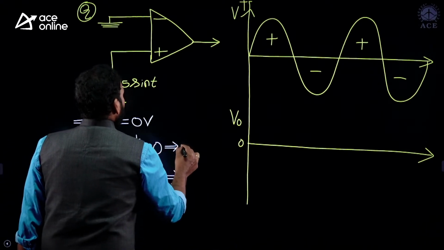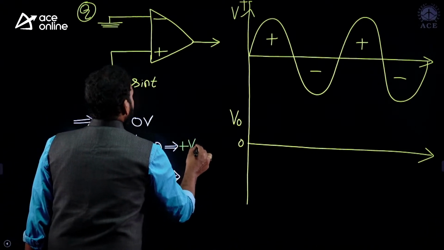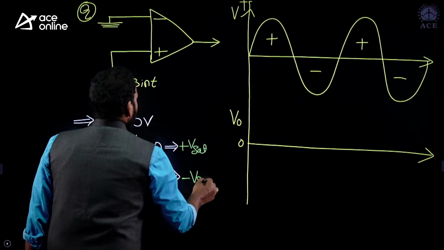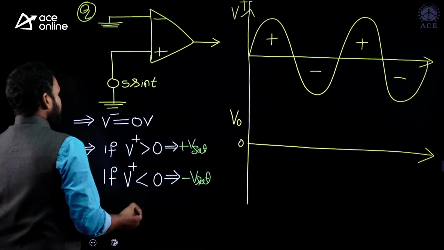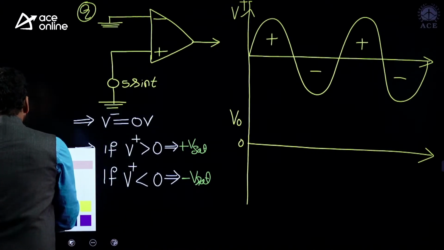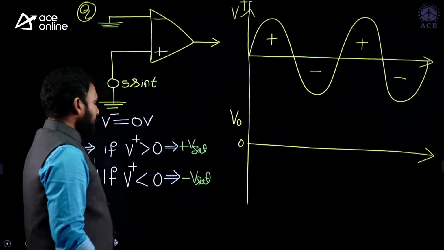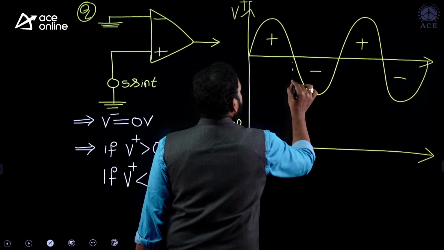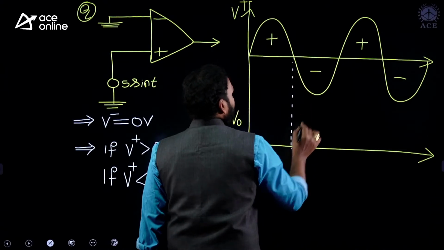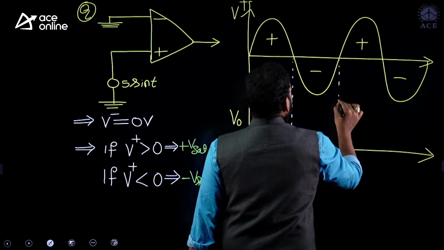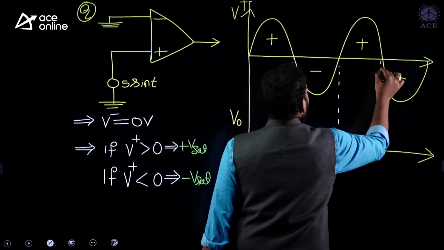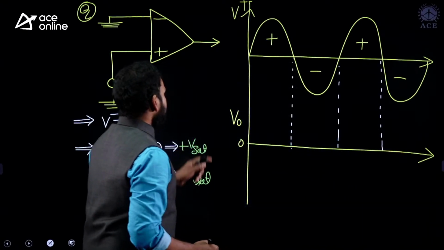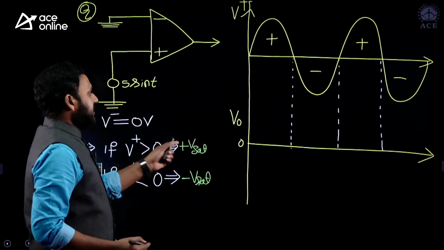If V plus is greater than 0, the output will be positive saturated. And here, minus V saturation. As 0 volts is the reference, that is the 0 crossing point, the output will switch there. Very simple. So this is a 0 crossing point. Like this, the plus terminal is greater than 0 here, so the output is plus V saturation.